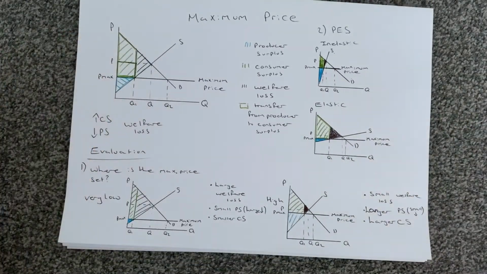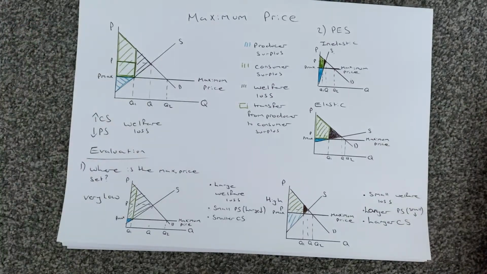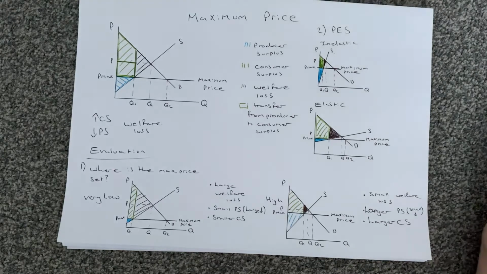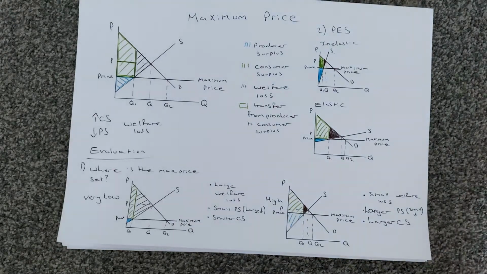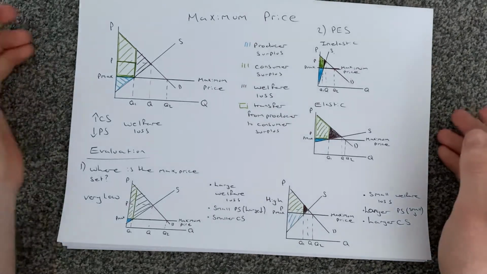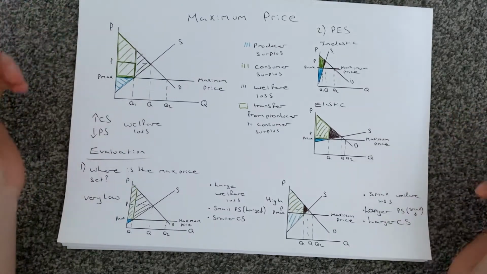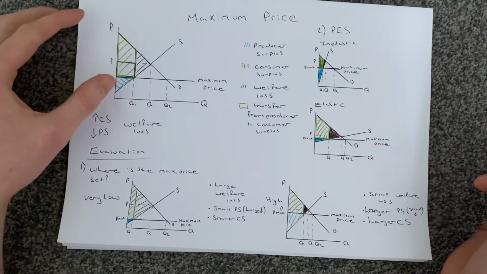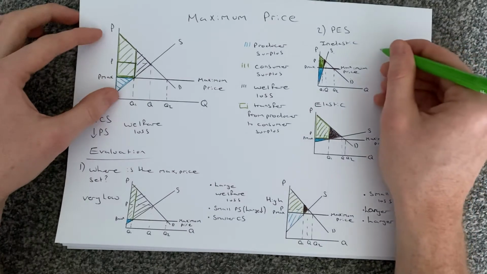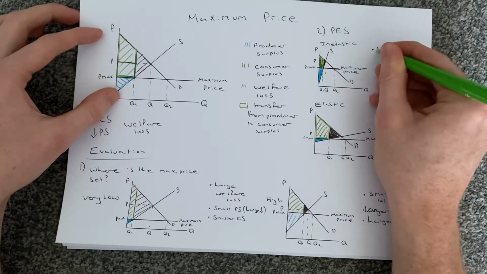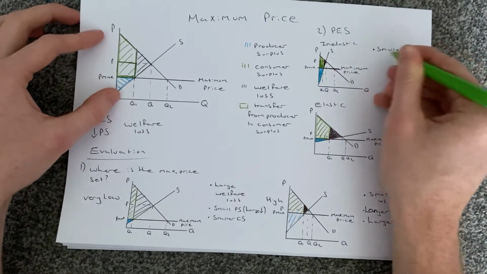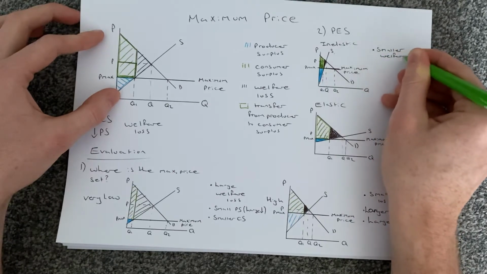So the key points that we want to be considering when talking about the impact of price elasticity of supply on producer and consumer surplus. What we see quite clearly is, if the price elasticity of supply is inelastic, we see a smaller welfare loss.